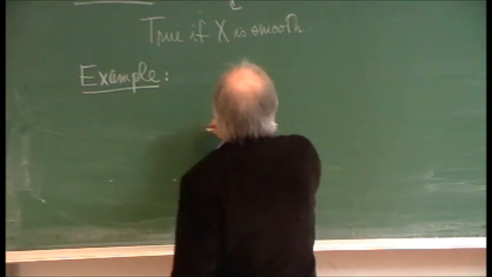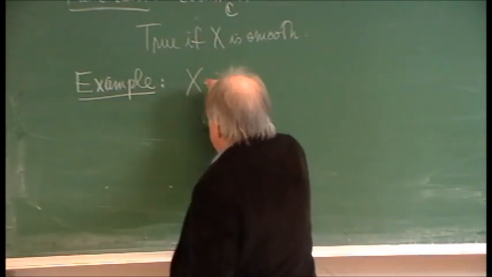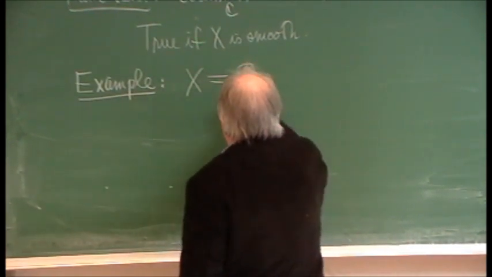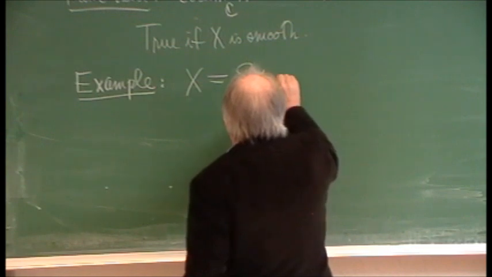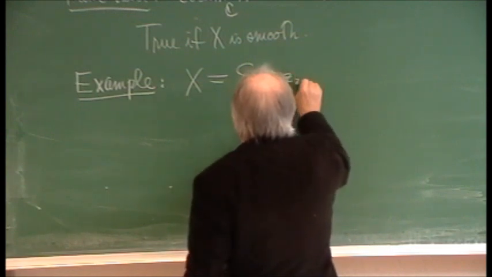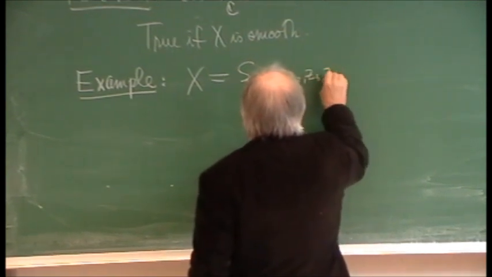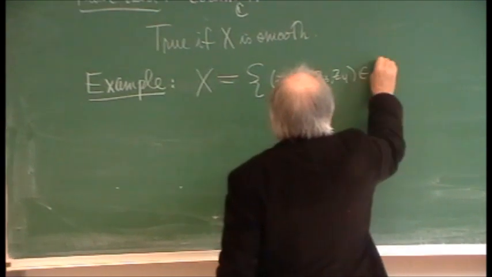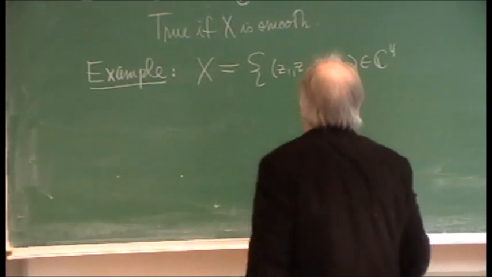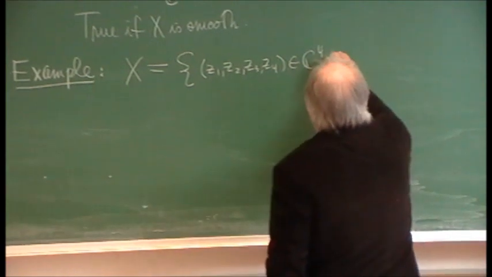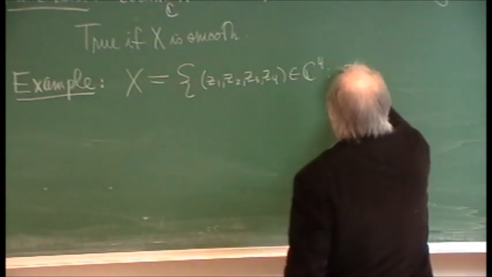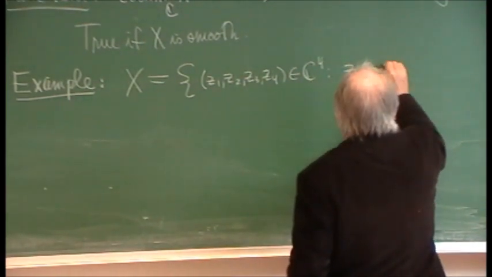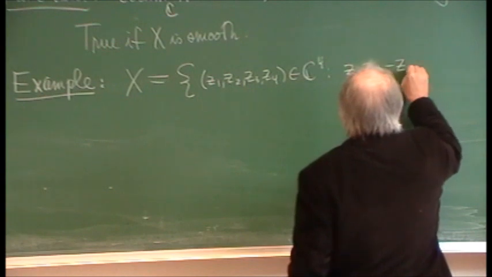Let X equal, I'm going to do this in an affine way, so we're using the affine coordinates. I'm going to find the most obvious example, and I'm even going to give you letters that will make you understand what this thing is.